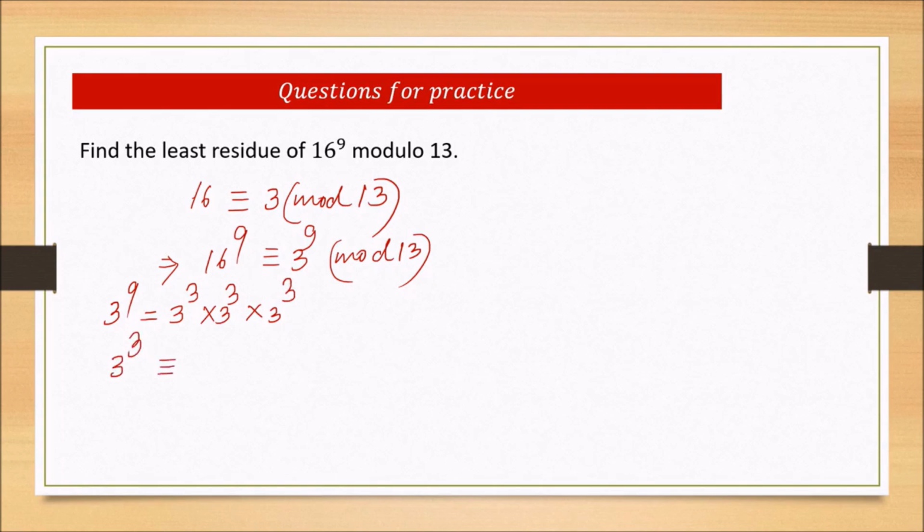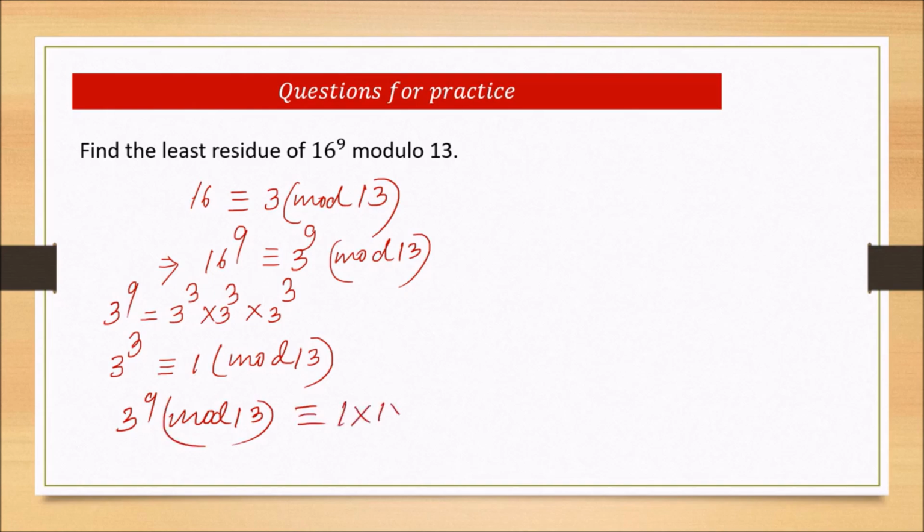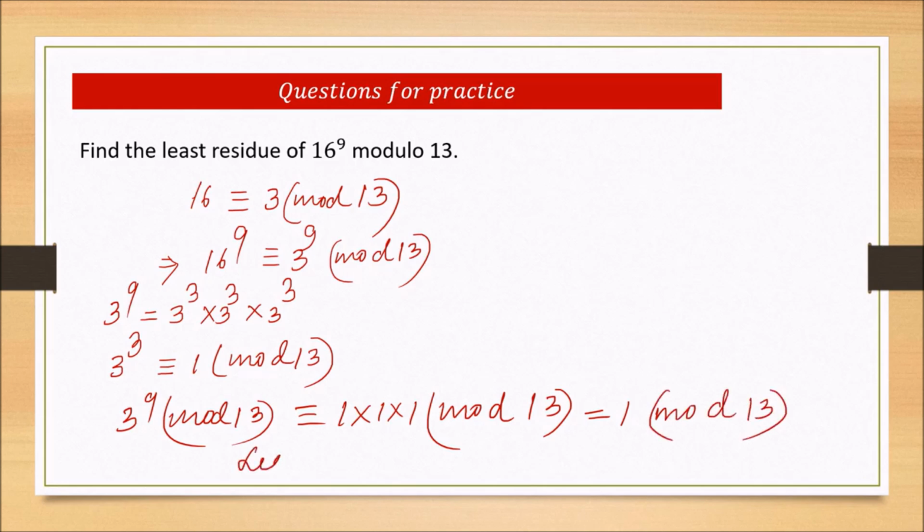So that is equivalent to 1 modulo 13, because 27 is 1 modulo 13. So 3 to the power 9 modulo 13 can be written as 1 multiplied by 1 multiplied by 1 modulo 13. This is equal to 1 modulo 13. Its residue is 1.